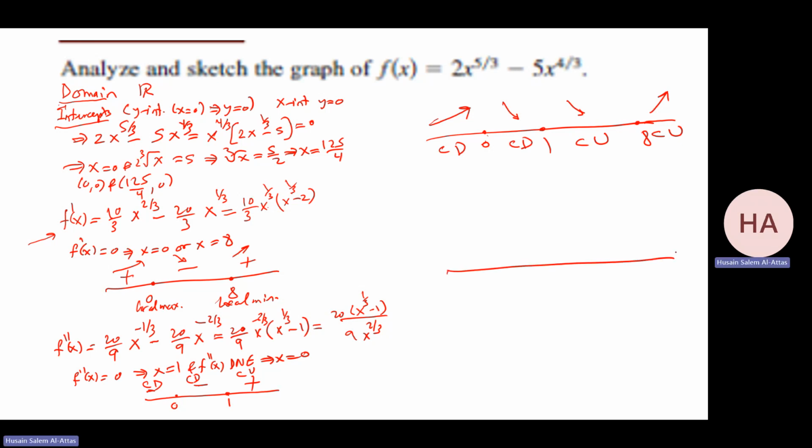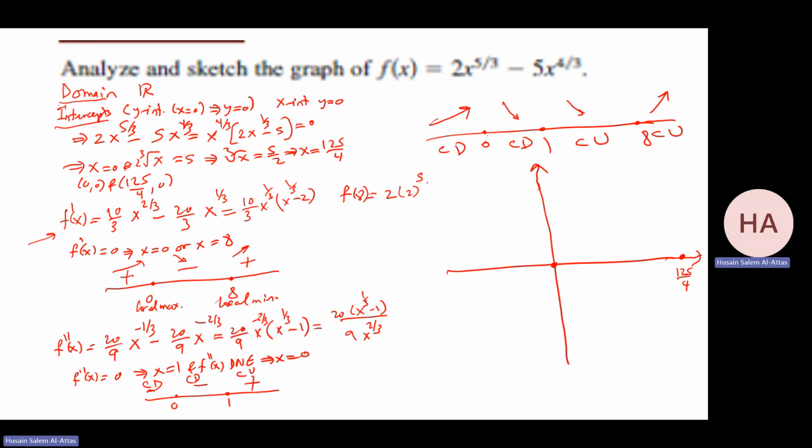So the graph of the function would be something like this. I have 0, 0. This for sure is one of the points. And I have 125 over 4, which is something big. Let me put it here. And I have the 8. What is f at 8? The cubic root of 8 is 2.